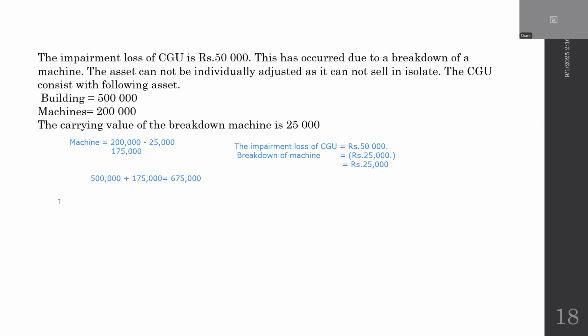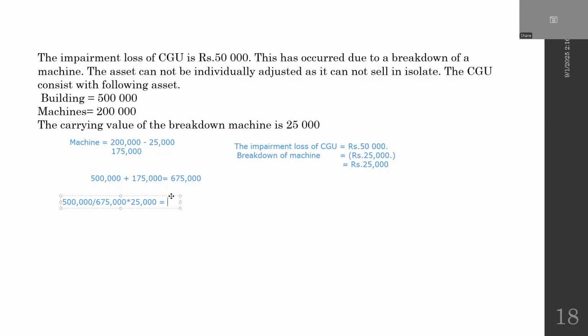First, we know the building value is 5 lakhs. We should divide it by this 6.75 lakhs. Then we should multiply by this 25,000. Then we can get an answer.